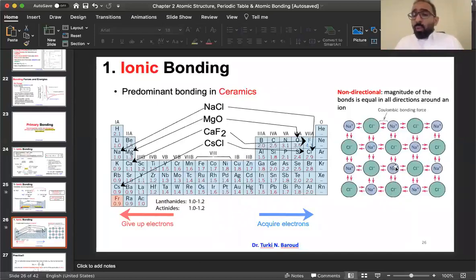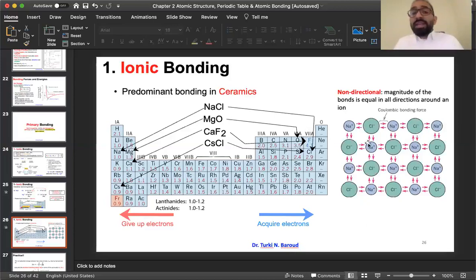So when this sodium gives its electron, that electron will not go completely to this chlorine. However, that electron will be shared with all the closest surrounding chlorine ions. So this sodium is not only connected to this chlorine, rather it is connected to all the closest chlorine ions.